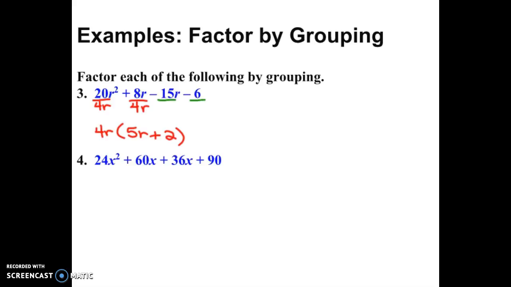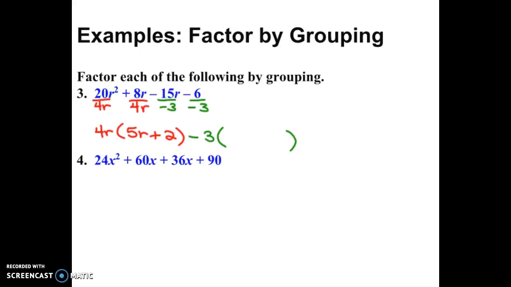What you'll notice here in the last two terms, I have a minus by the 15. The greatest common factor of 15 and 6 is 3. So that 3 is going to go next to the minus. Since I have a minus and a 3 in the middle, I actually took out a negative 3, which is a little bit different than the other two problems.